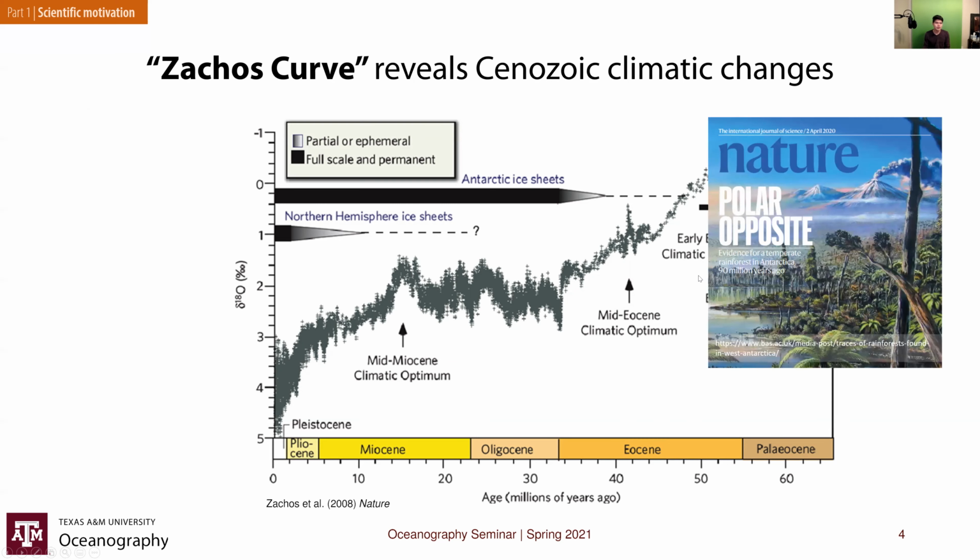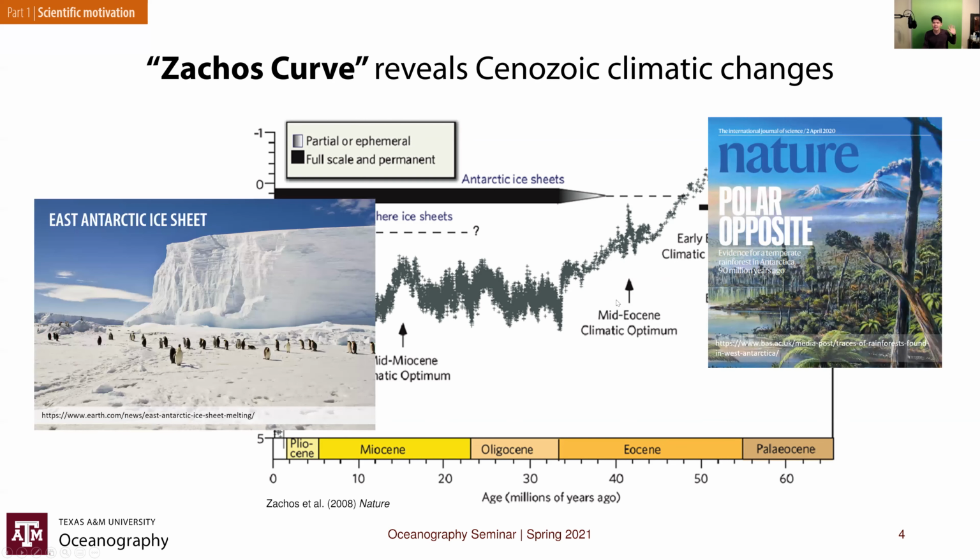But in general, you can see that in the early Cenozoic, we had a warmer climate, no continental ice sheet, and temperate forests growing in Antarctica, compared to what we have now, which we call icehouse climate, as indicated by these black bars showing that the Antarctic ice sheet started to develop.